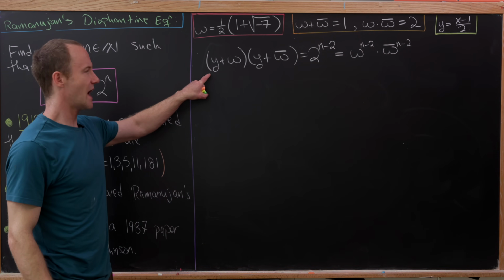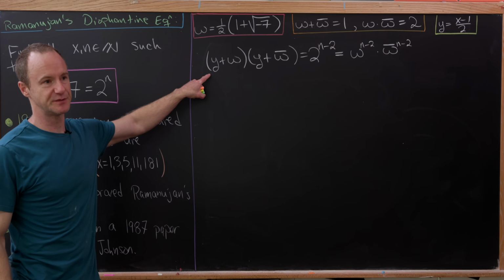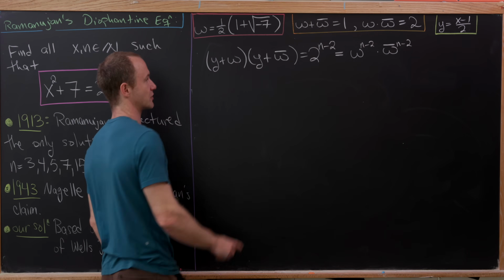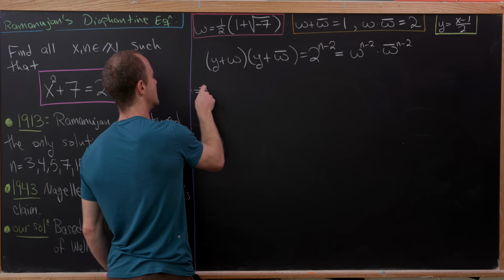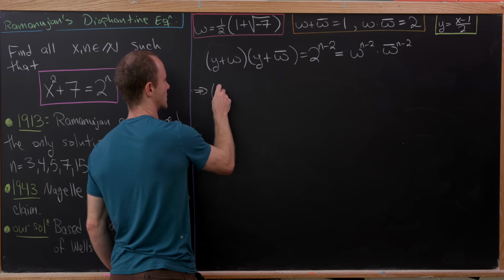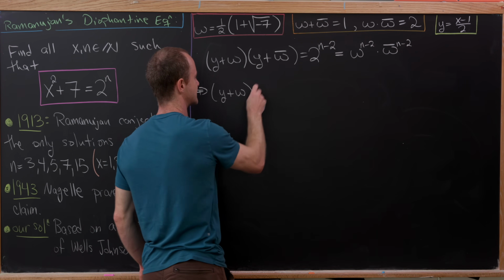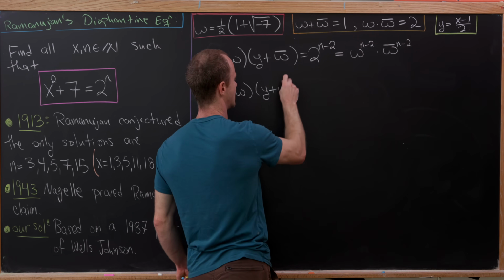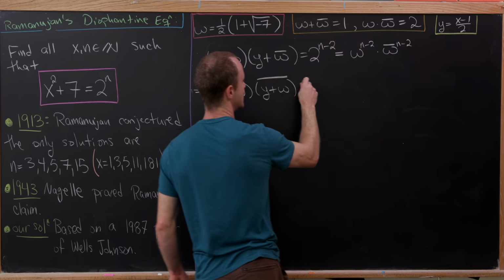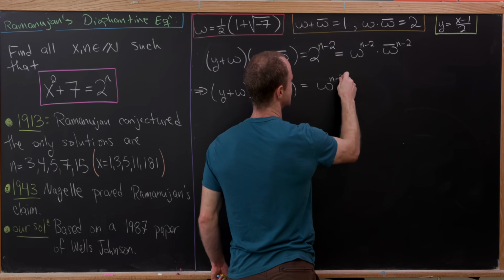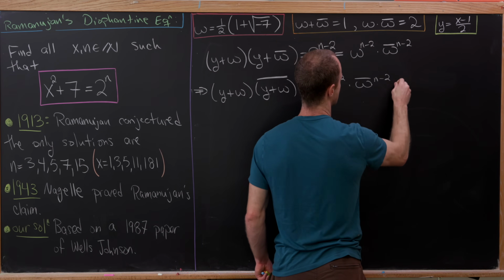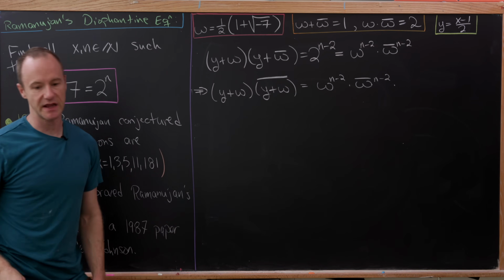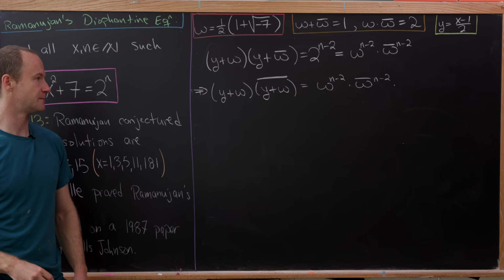But then y is an integer, which means y bar is also an integer, which means that we can take this conjugation and pull it out over this whole term. So now we have y plus omega times y plus omega all bar is equal to omega to the n minus 2 times omega bar to the n minus 2. So we've got an equation that looks like this.